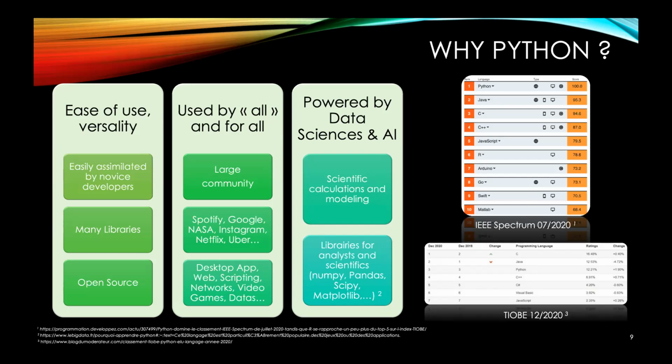We can see that in 2020, Python was in first position. There is also one thing that is not a very good point for Python: mobile development, mobile software design. But that will probably change in the future.